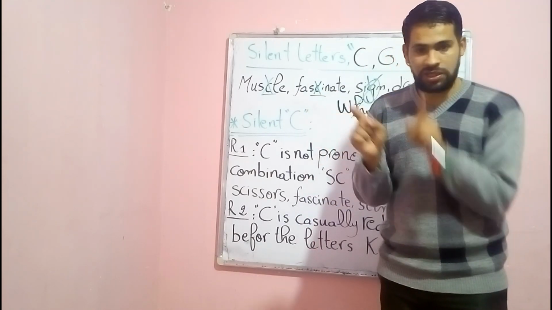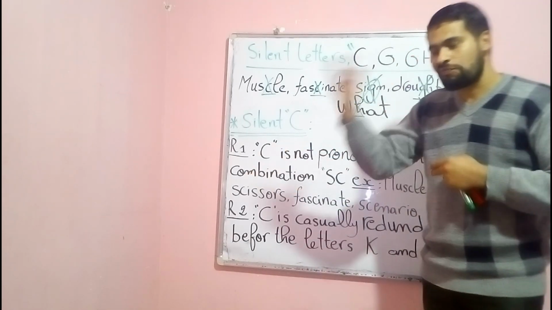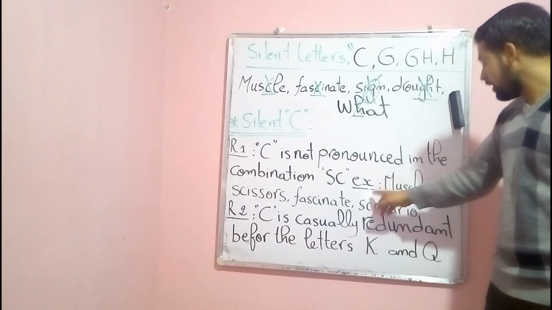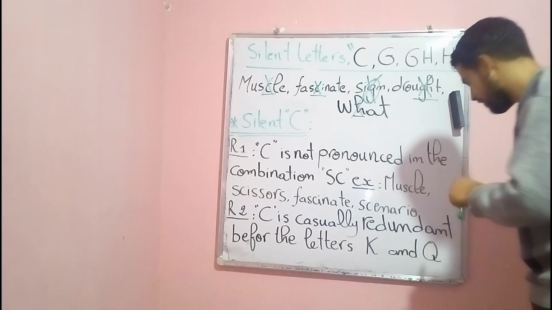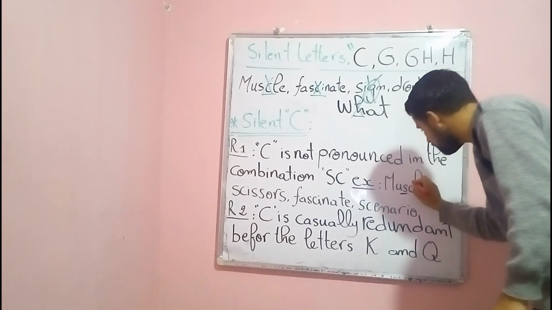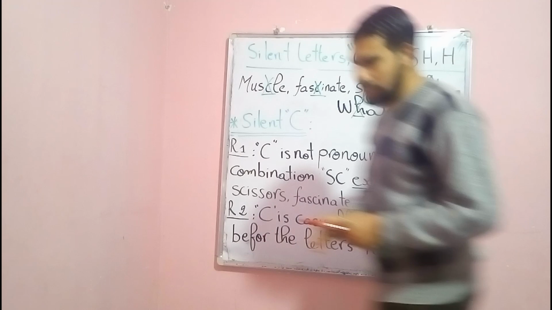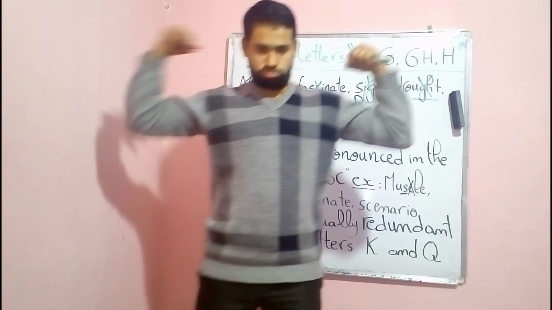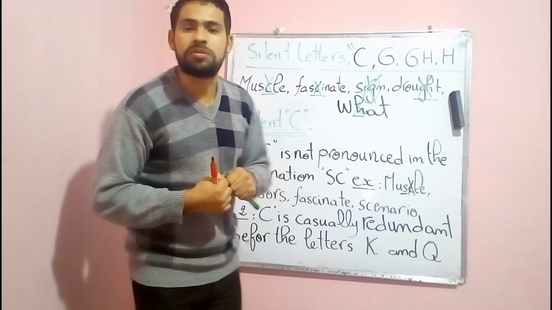After S we have C, so I'm not going to pronounce this C because before it there is an S. Example, muscle. Look here, what do we have? We have S. So the sound C here is not pronounced. Again, muscle, to have a muscle, okay?